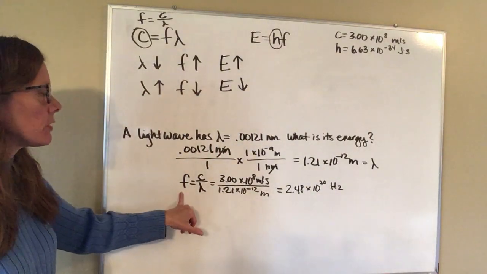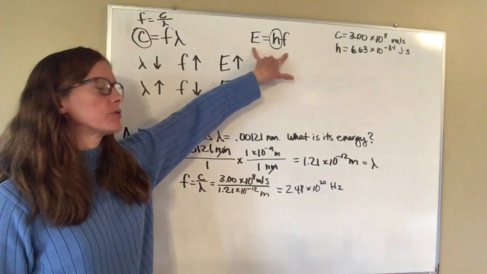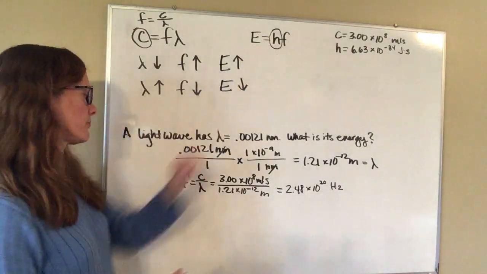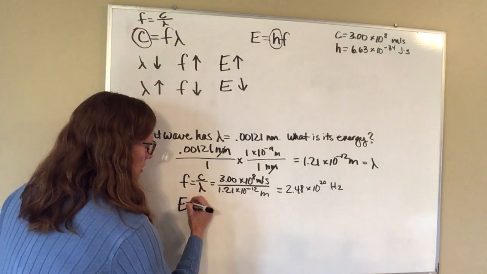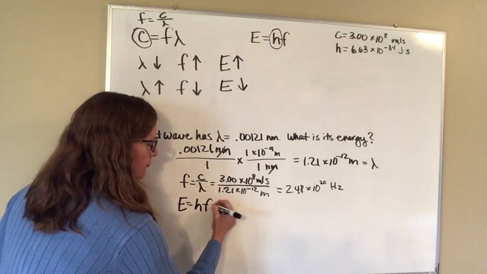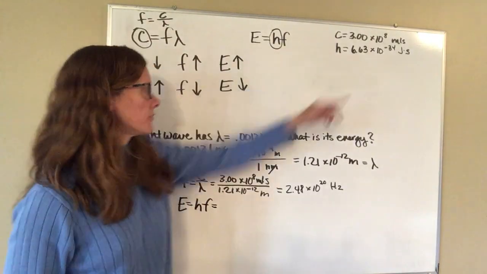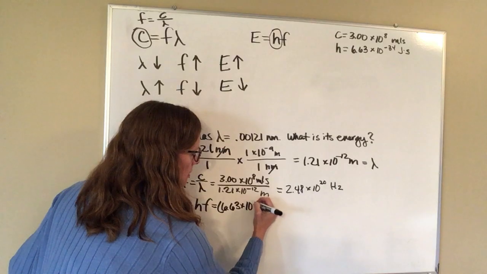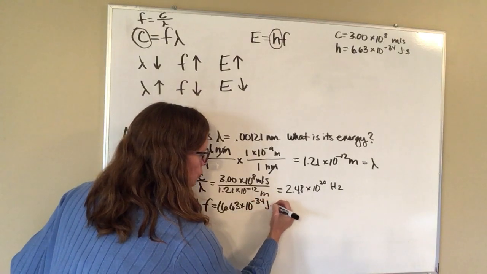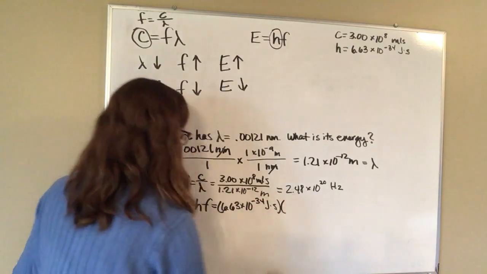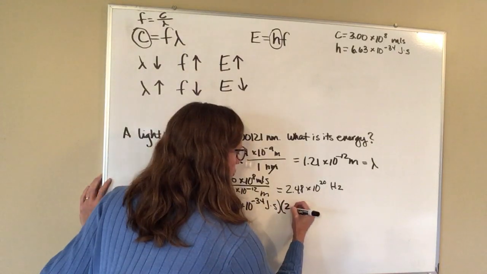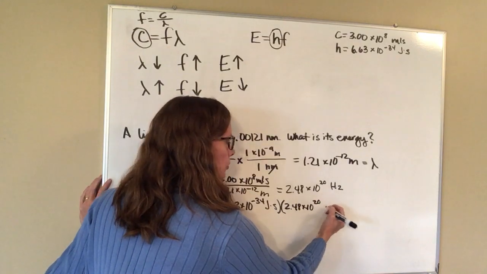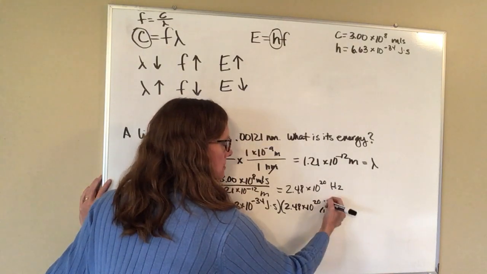Now that I know what the frequency is, I'm going to be able to find the energy because I know the frequency and Planck's constant. So if energy equals Planck's constant times the frequency, Planck's constant from up here, 6.63 times 10 to the minus 34th joule seconds times a frequency of 2.48 times 10 to the 20th hertz, which is per second.